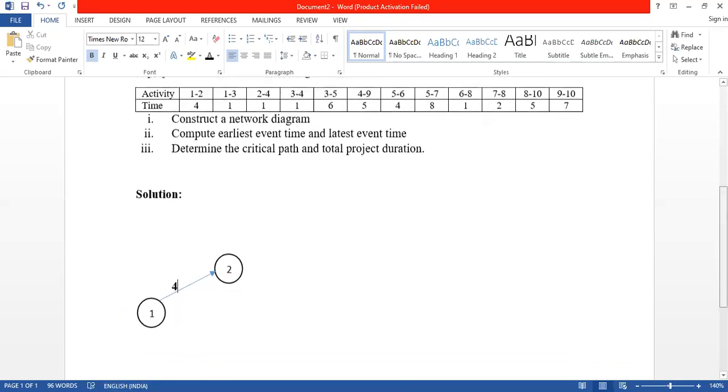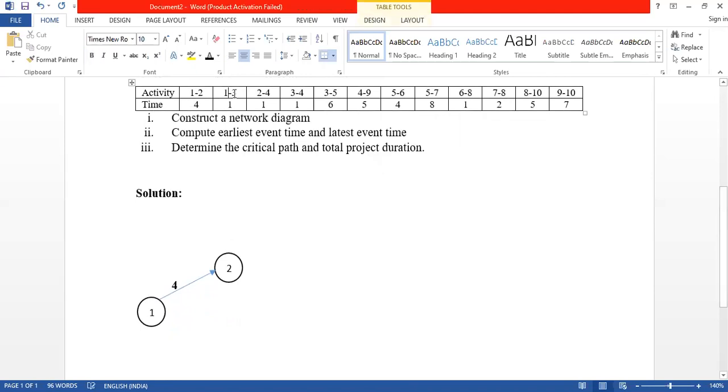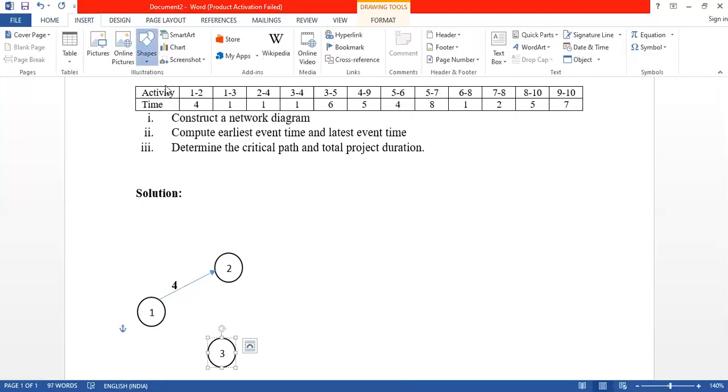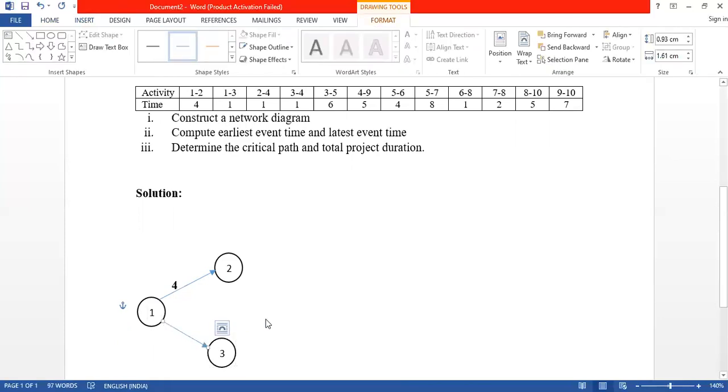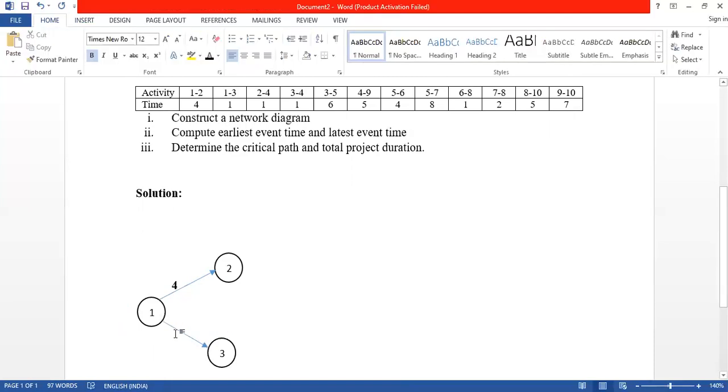Now see, again, event 1 is connected to event 3. That means there should be another event 3, and event 1 is connected to event 3, and this is taking time 1 hour. Now event 2 is connected to event 4.